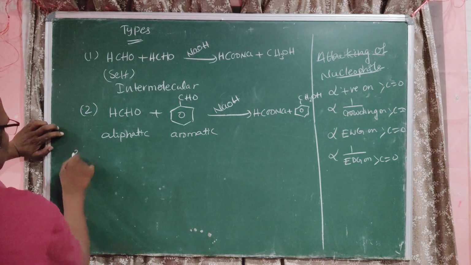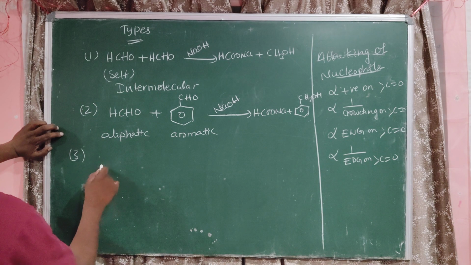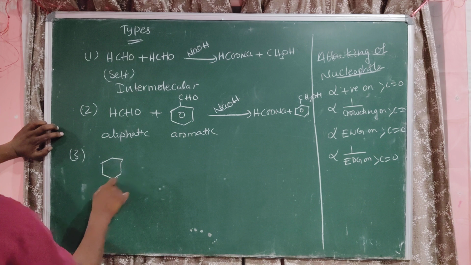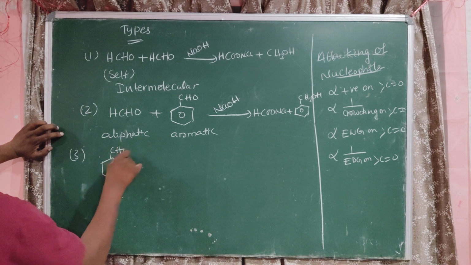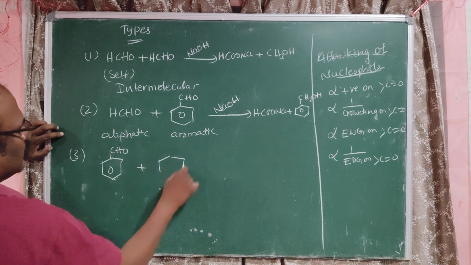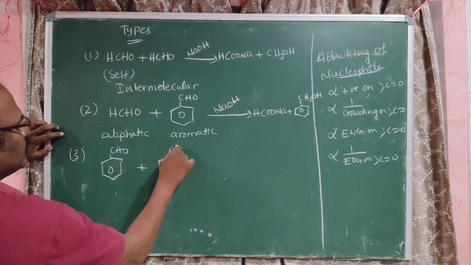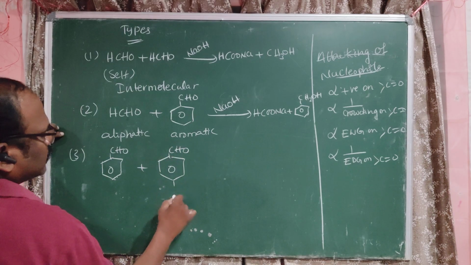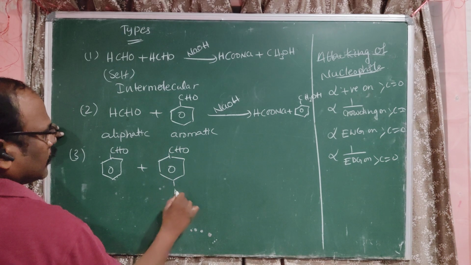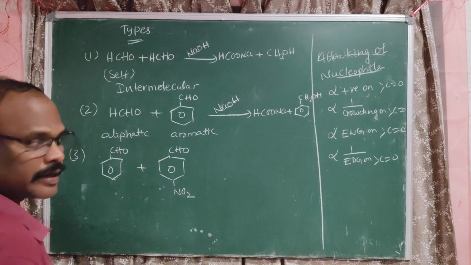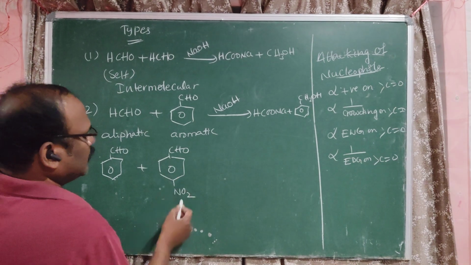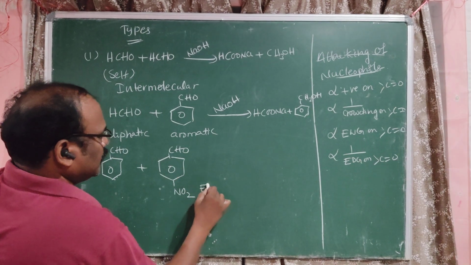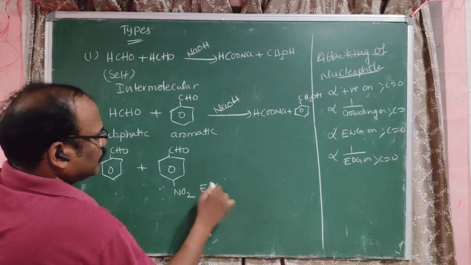Next, coming to the third type. Here I am taking benzaldehyde and a second benzaldehyde with an electron withdrawing group like NO2 at the para position.